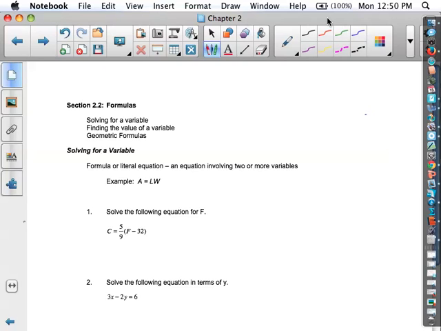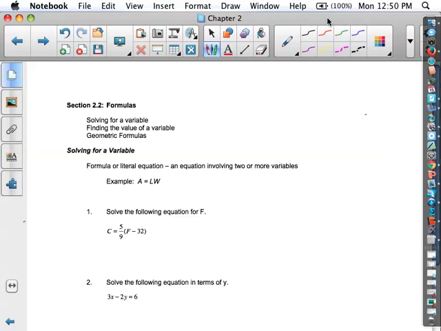Everything other than the terms containing that variable should be on the other side of the equation. And then we're going to solve from there. Hopefully we'll have a few examples in here that you'll be able to see the next move you're supposed to make, or the next operation.